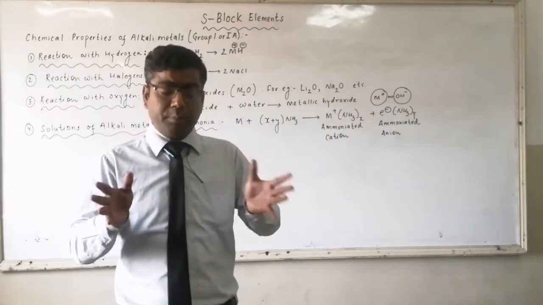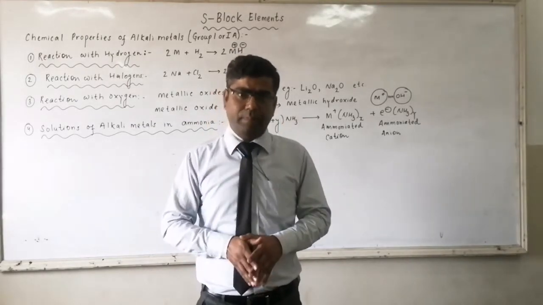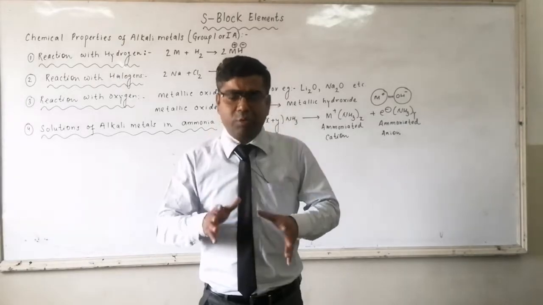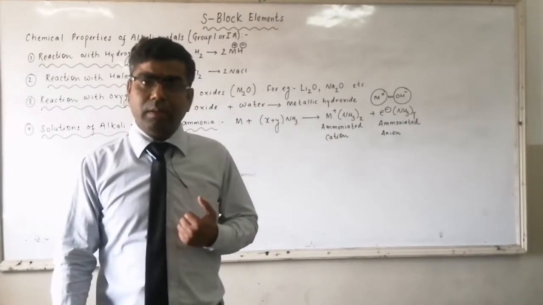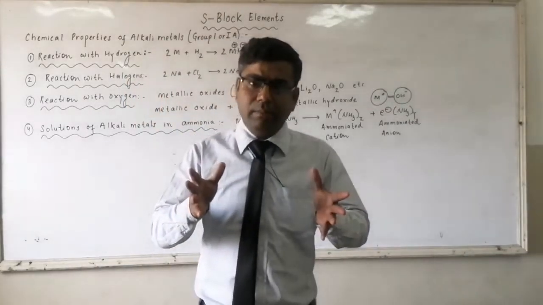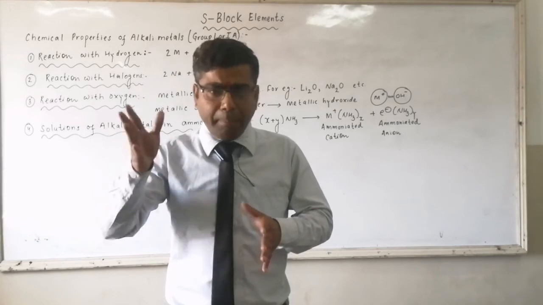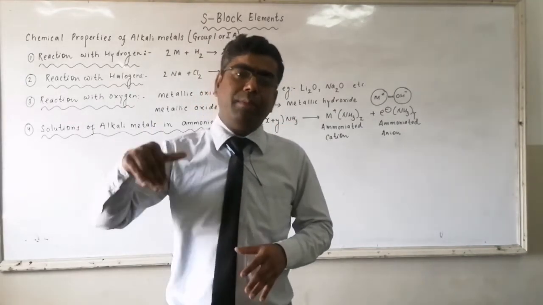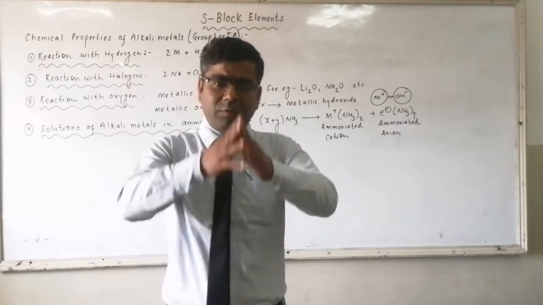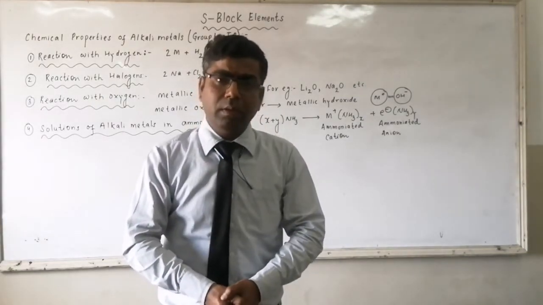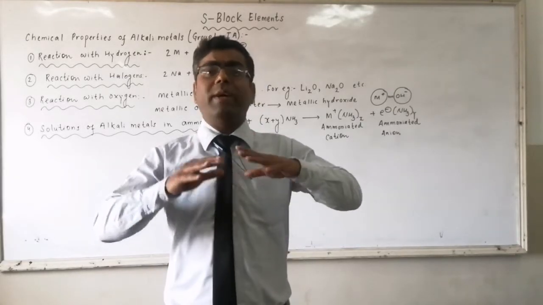If a compound can furnish OH minus ions easily, then it will act as a strong base. And on what factors does it depend? Simply the attraction between M plus ion and OH minus ion. M plus ion can be Na plus, K plus, Cs plus, etc. So as we move down in a group, basic character increases.